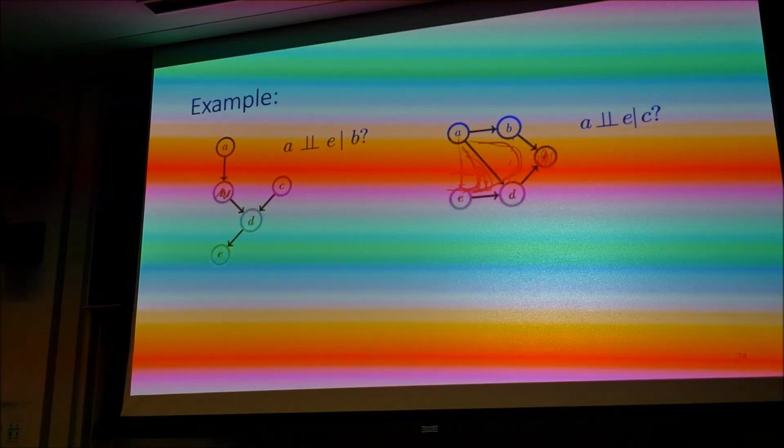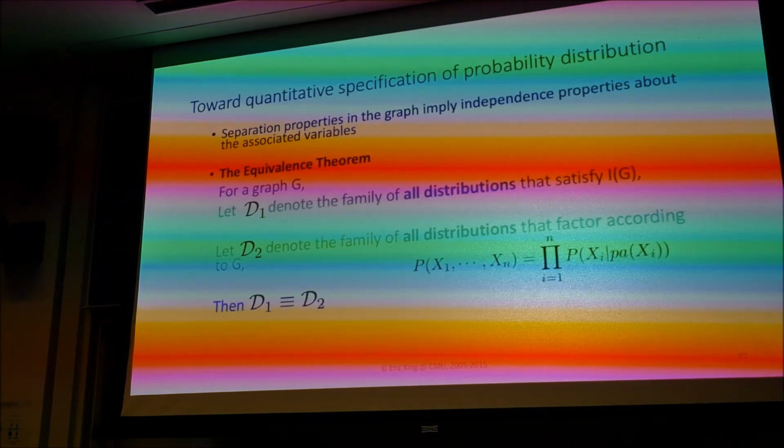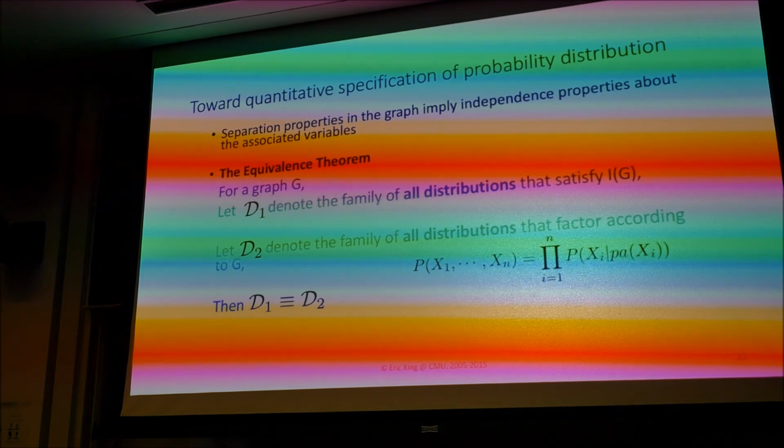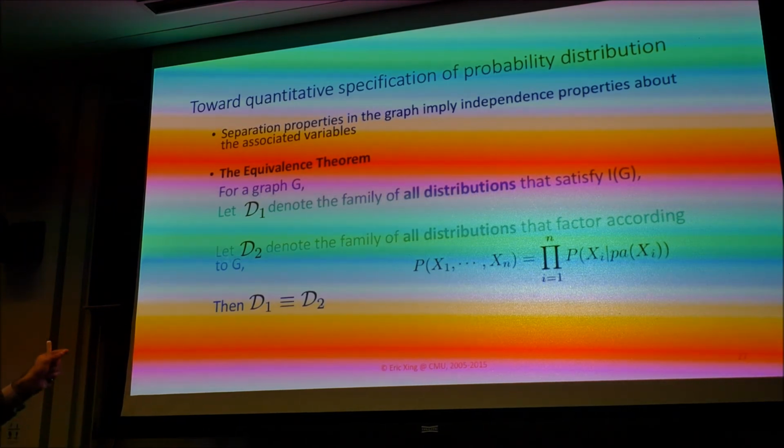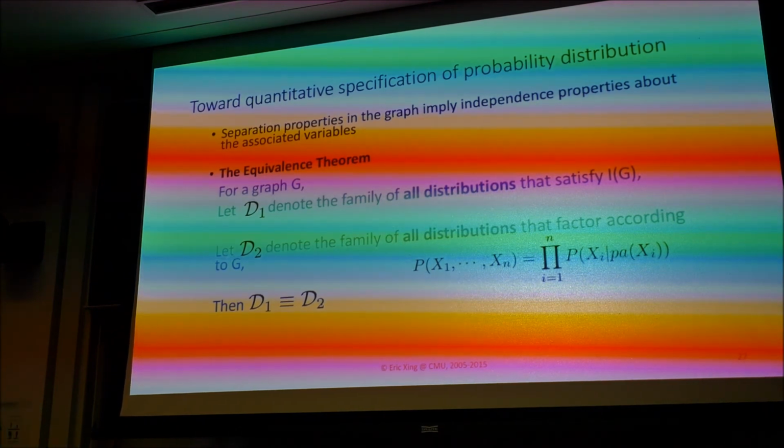Okay, so let me give you a little bit of theory. We have half an hour. These two are basically equivalent ways of saying the same thing. If I say that D1 is the family of all distributions that satisfy the I-map of a given graph, that's one statement.